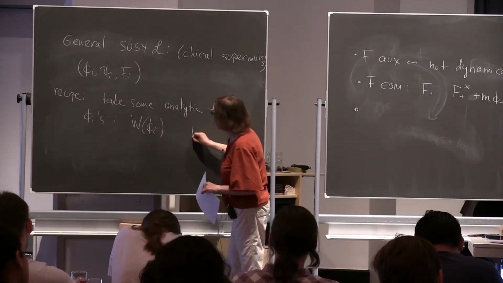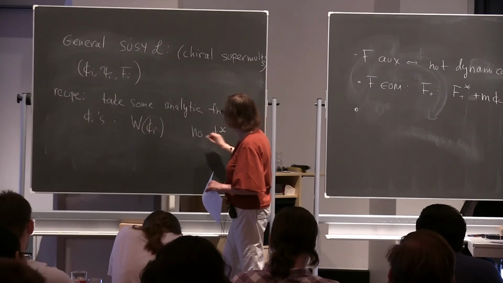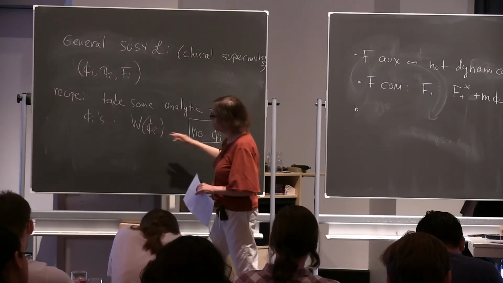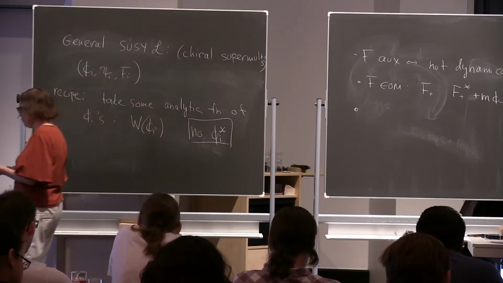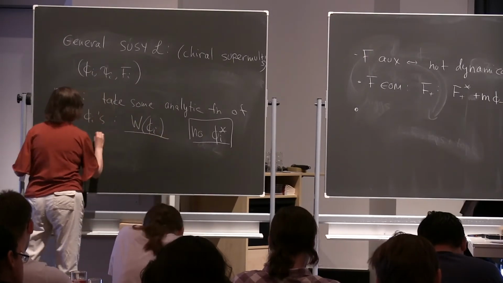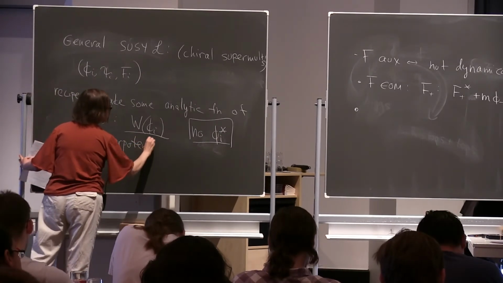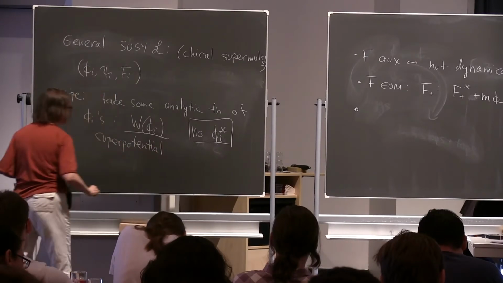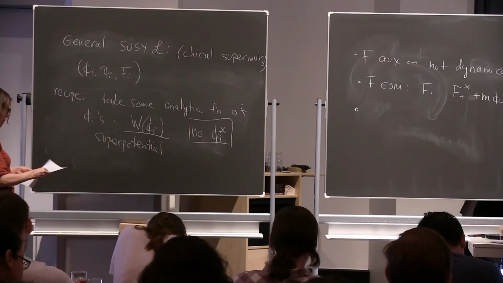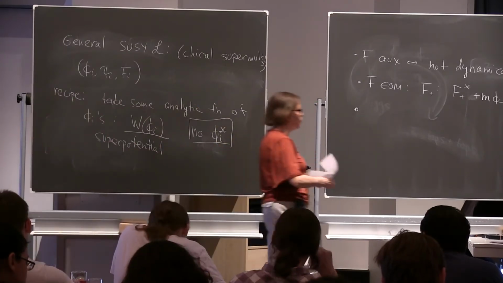It means that no phi i stars appear. So it's just a function of the phi's. This function is called the superpotential, but it's just a name for now. And then we can write down the following Lagrangian.